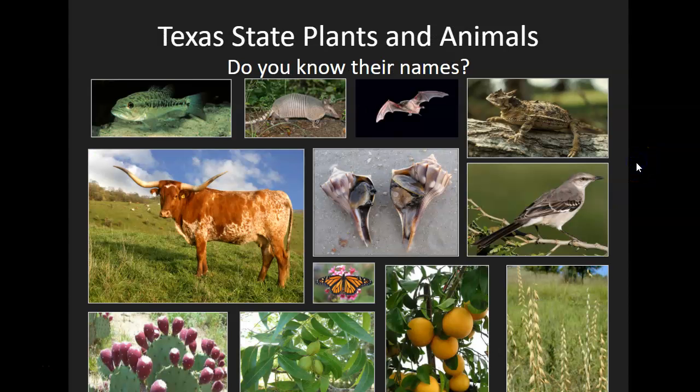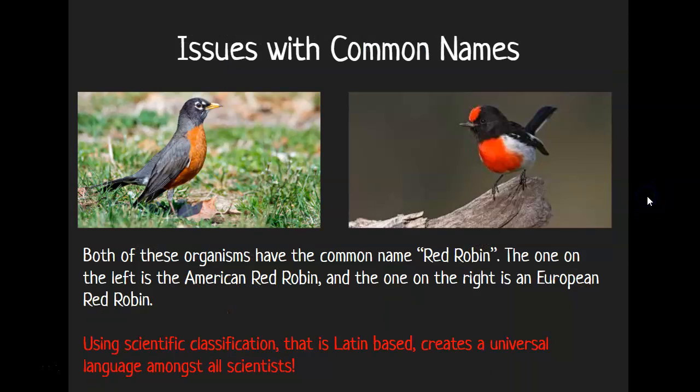Okay, here are some examples. We have some common names here: bass, armadillo, bats, horned frog, the Texas longhorn, lemons, lime trees, cactus. Those are all common names, and here are some issues with that. If I look at this robin right here, we know this as a red robin. In Europe, when they say red robin, that's what it looks like.